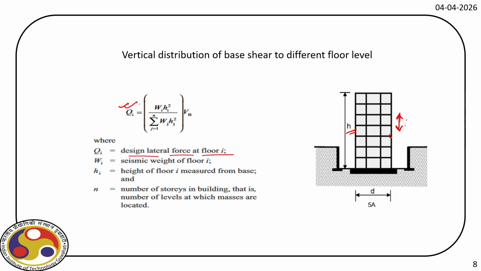If we are here, say at this floor, the lateral force, say Fi or Qi, is obtained from this expression, right? We have already identified the seismic weight. We'll see how to apply that weight in STAAD Pro. And then we know the story height. We can have a non-uniform story height also, which we can get from the architectural design, and then we multiply this factor with VB and we will get Qi.